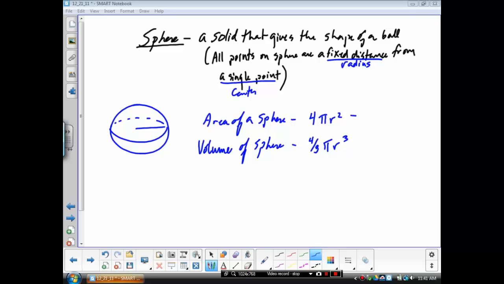So our area is 4 pi r squared. Our volume is 4/3 pi r cubed. These are our two theorems, 12.9 and 12.10.